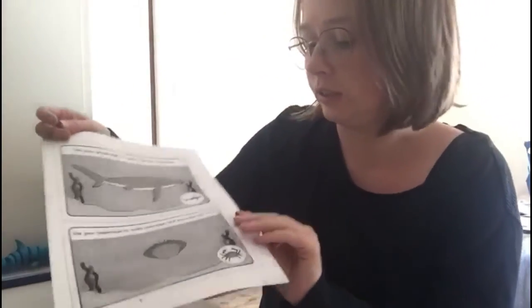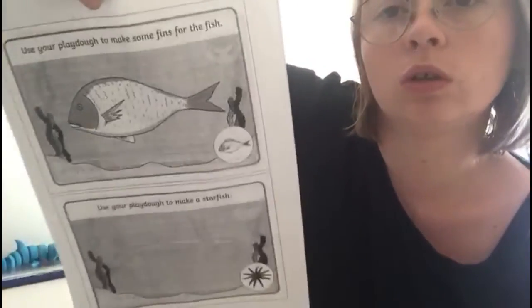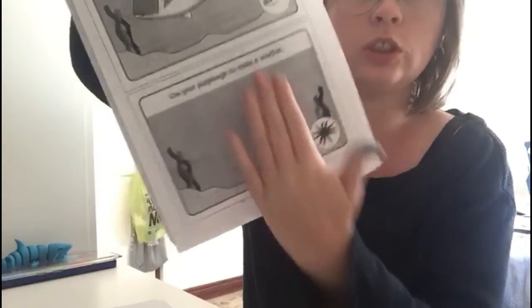So there are quite a few Play-Doh mats. One is an octopus, one is seaweed, this one is a shark and a crab, and we have a starfish and a normal fish for that one. Make the starfish in the open one. You can even make any sea creature you can think of.